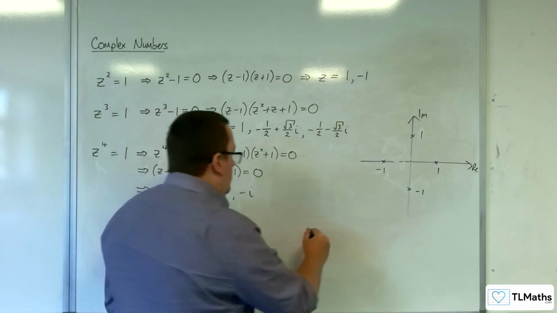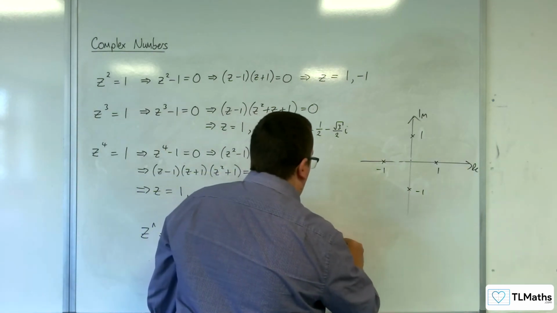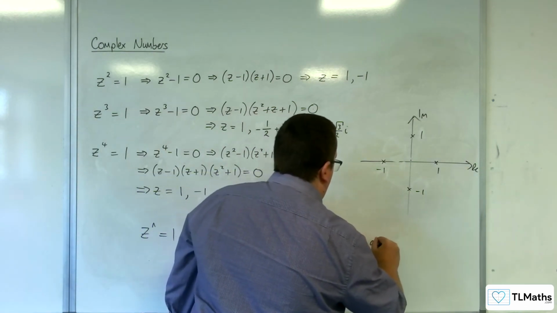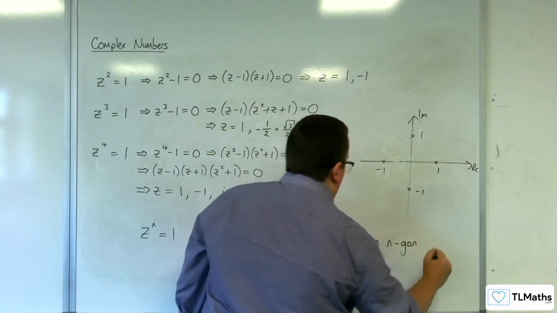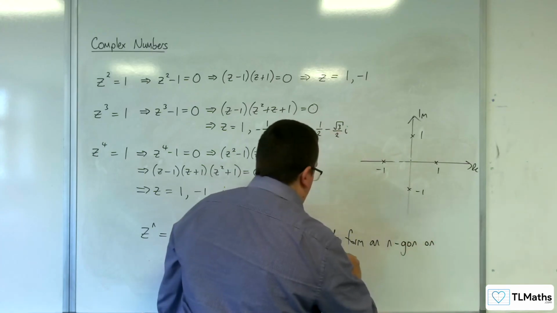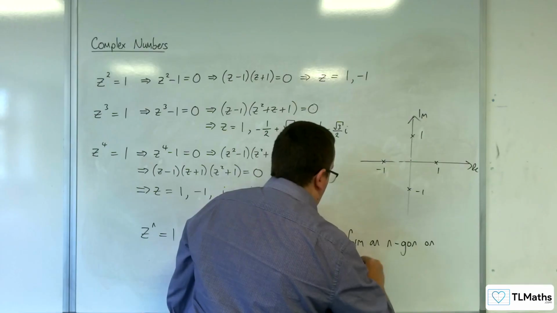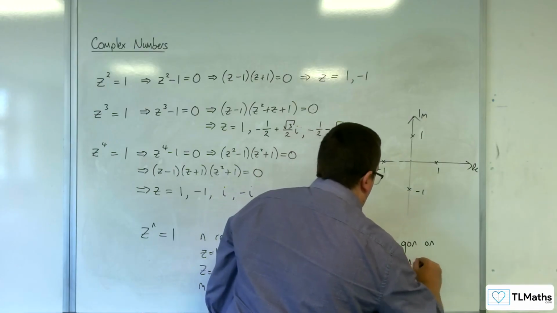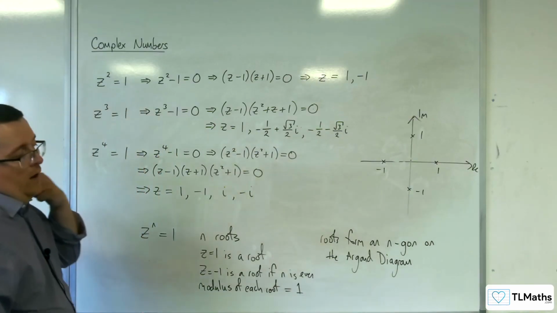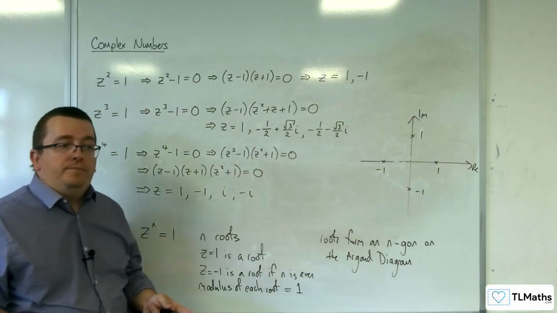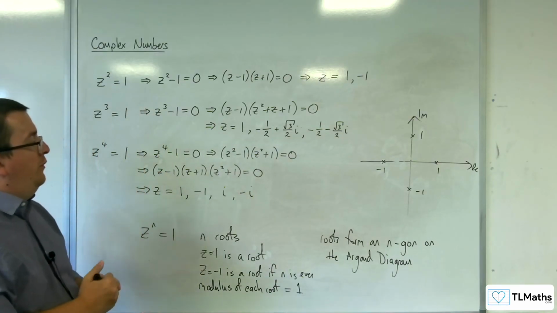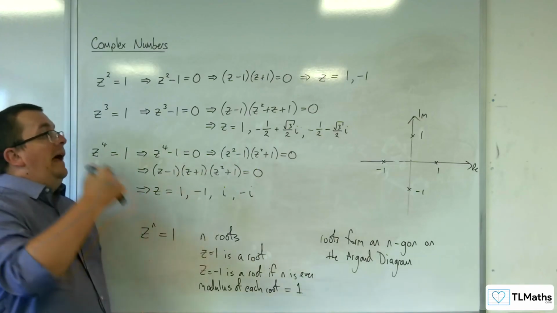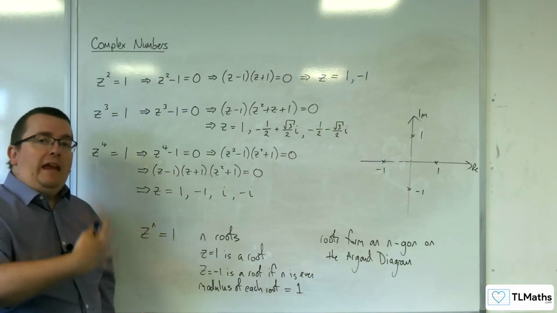So the roots form a regular n-gon on the Argand diagram. There are a lot of things that we are noticing, and we're going to formalise this in the next video.